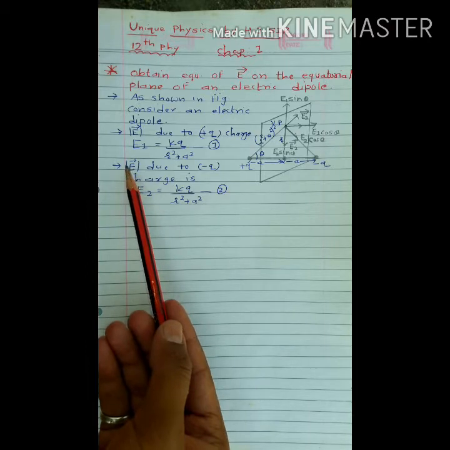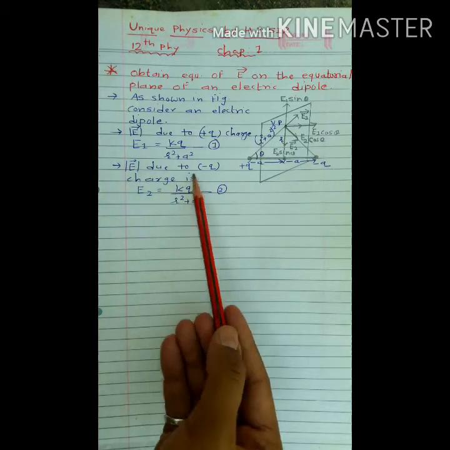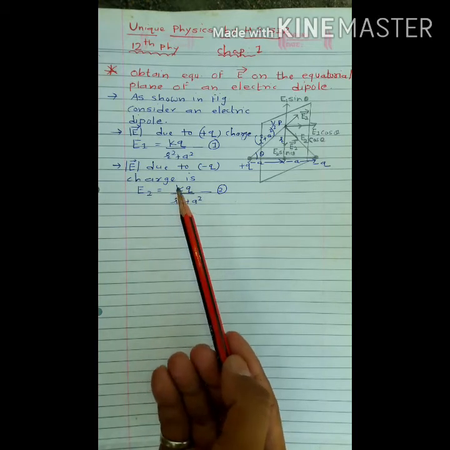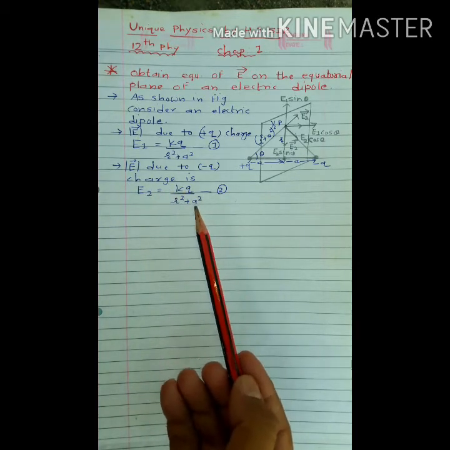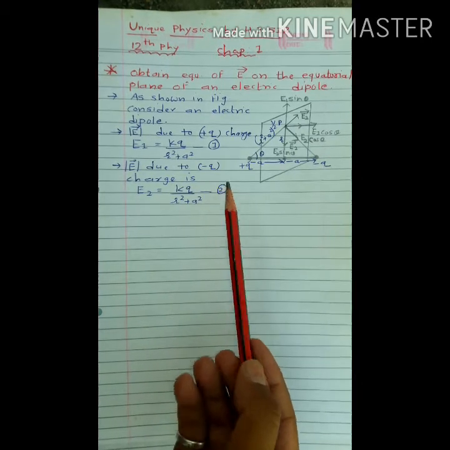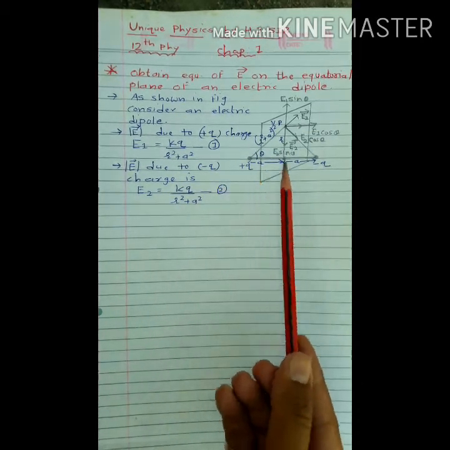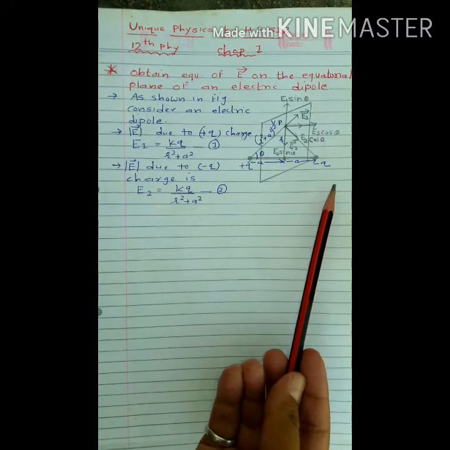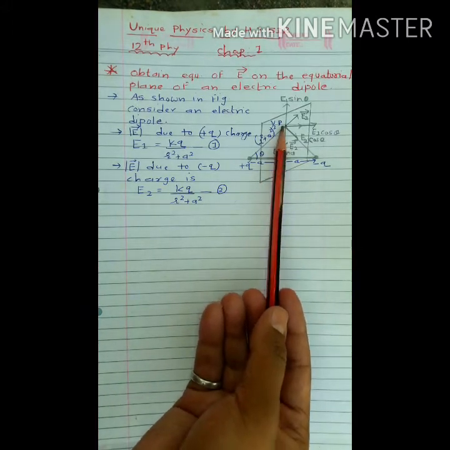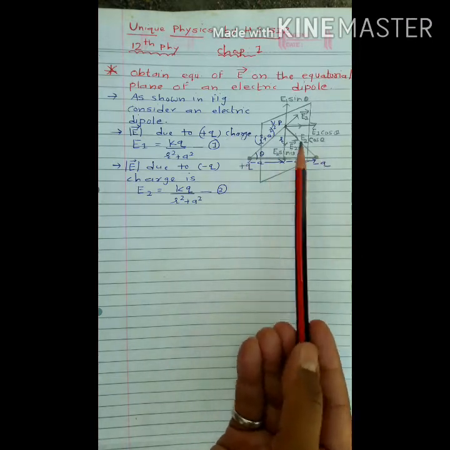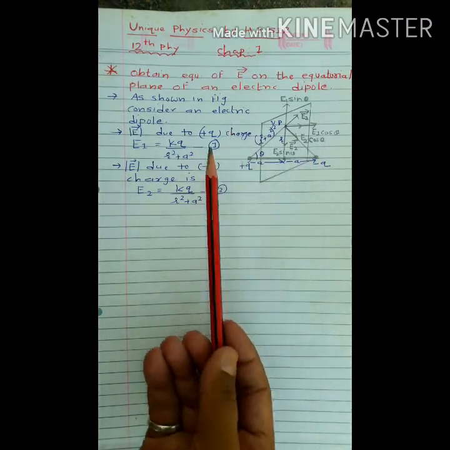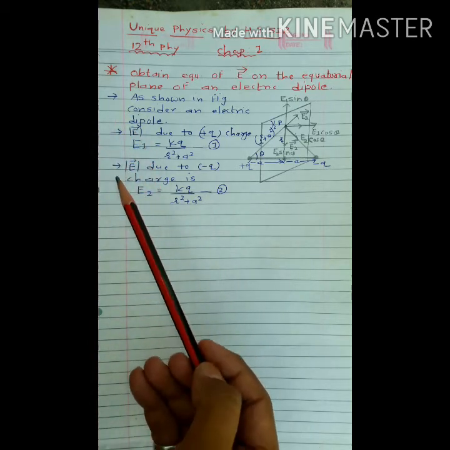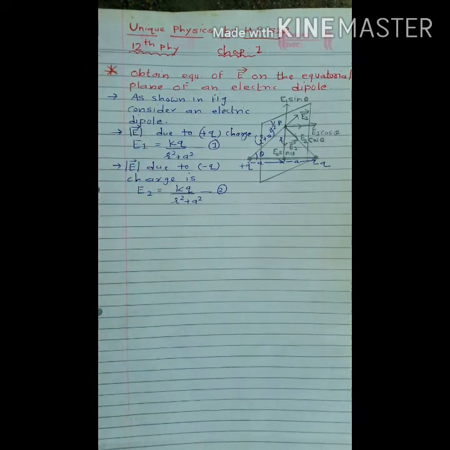So the magnitude of electric field due to minus q charge, suppose E2, is also equal to kq upon r square plus a square. Equation number 2. Remember this point: in a dipole the magnitudes of both charges are equal, and here we have the same distance of point P from plus q and minus q charge. So the electric fields due to plus q charge and minus q charge will be equal.